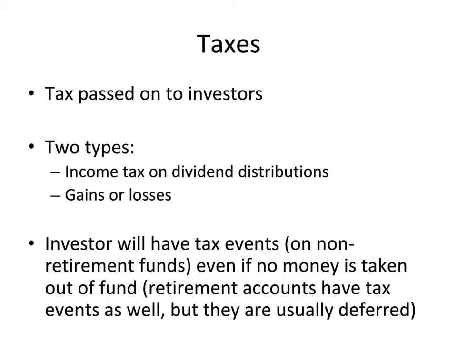Investors, once they have invested in a fund, will have taxable events even if they don't redeem any shares or do anything else, as a result of owning that fund. This applies specifically to non-retirement accounts. There are taxable events on retirement accounts as well, but typically those are deferred until retirement.